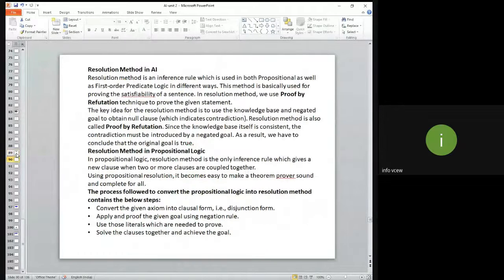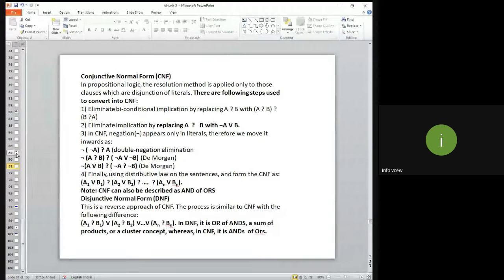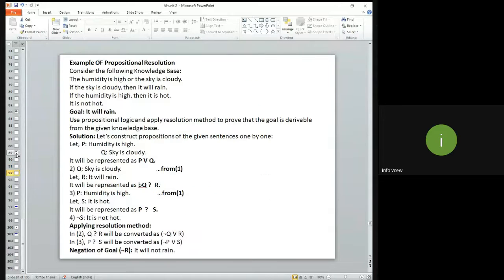Okay, so contradiction found பண்ணனும்னா you need two concepts: one is conjunctive normal form, another one is disjunctive normal form. Now we have taken the CNF and you are proved. ஏன்னா propositional logic ஒன்னு இருக்குது, predicate logic ஒன்னு இருக்கு. அதுல வந்து first you are proved the propositional resolution. Now you are clear?